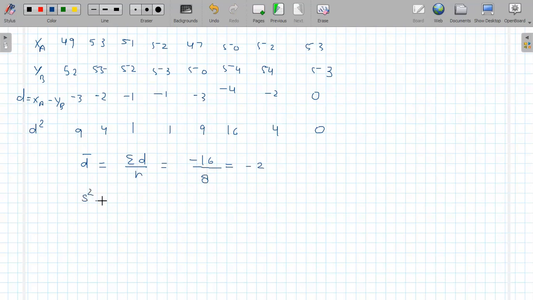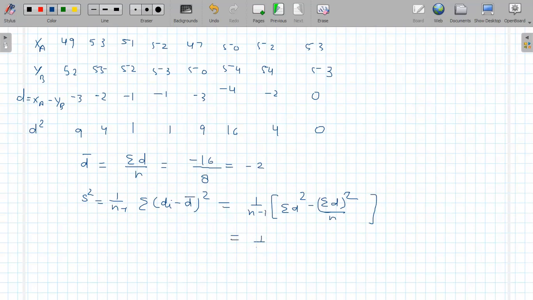And S square is 1 upon n minus 1 summation (Di minus D bar) whole square. We write it in another form, which is summation D square minus (summation D) whole square divided by n, because our calculation is in these two terms.